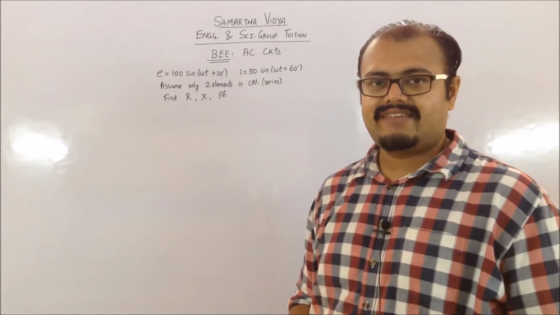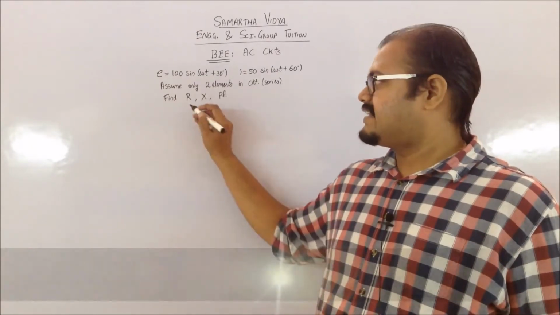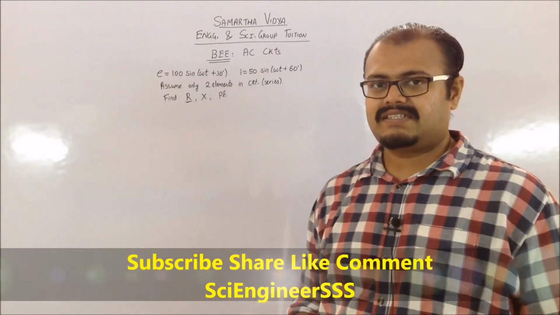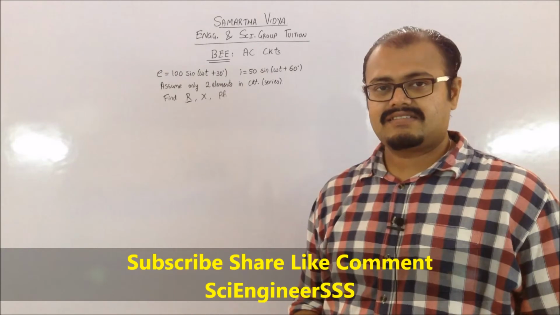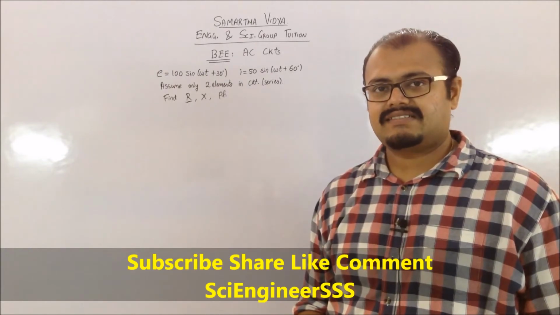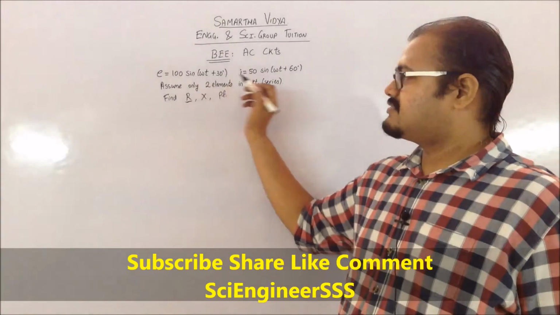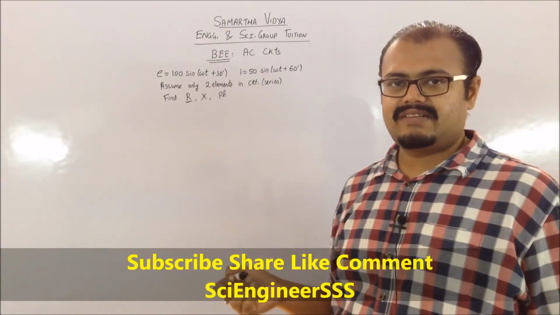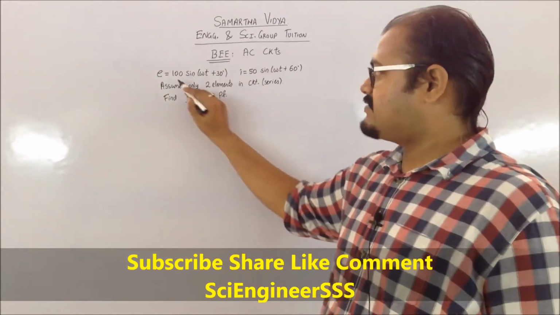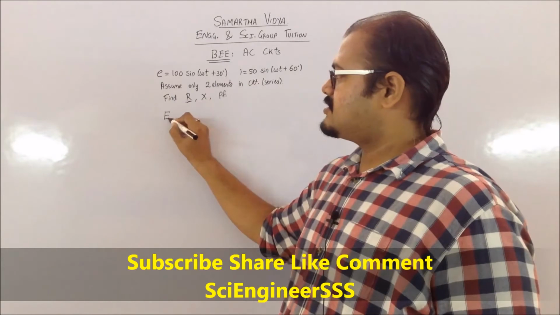In this case, they have not mentioned what the elements are. One of the elements we can guess is going to be the resistance, but the other is not mentioned, whether it is the inductance or the capacitance. So we have to start with the given part. You have the equation for your voltage, so you can convert it to phasor form.